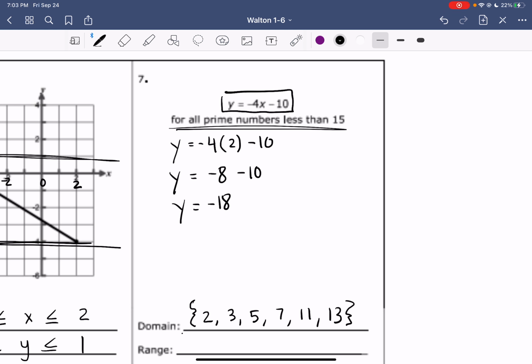So that is our first range value when given x is 2. So now we would do -4 times 3 minus 10. So now we get y equals -12 minus 10, which is -22.